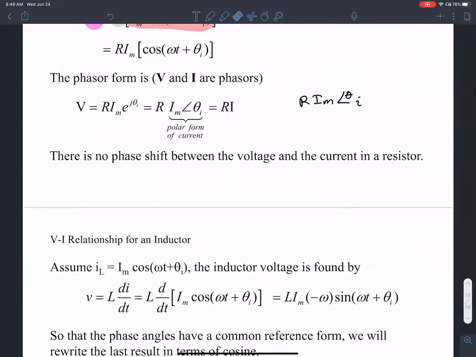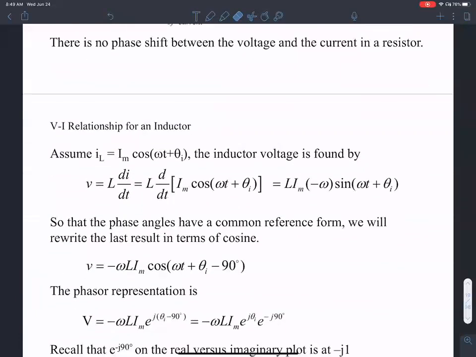Now let's look at the VI relationship for an inductor. If we assume the current is a time varying component here, we know voltage is L di by dt in an inductance.